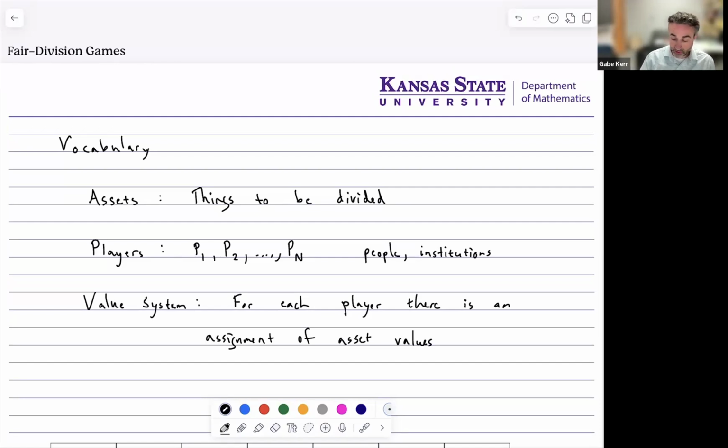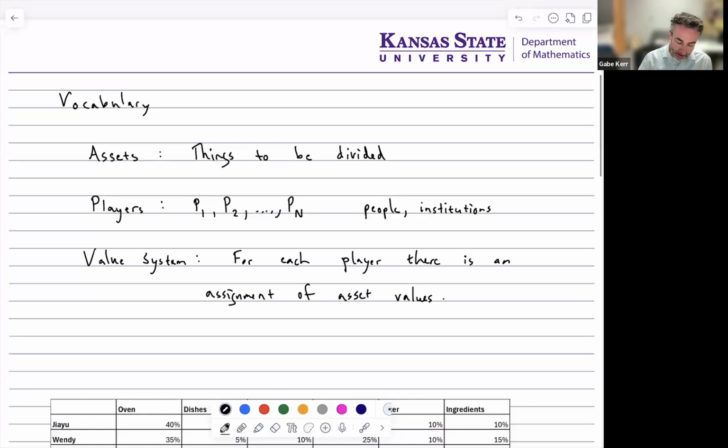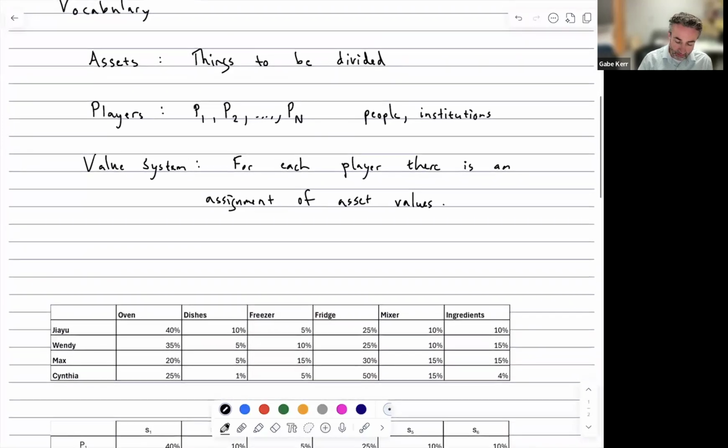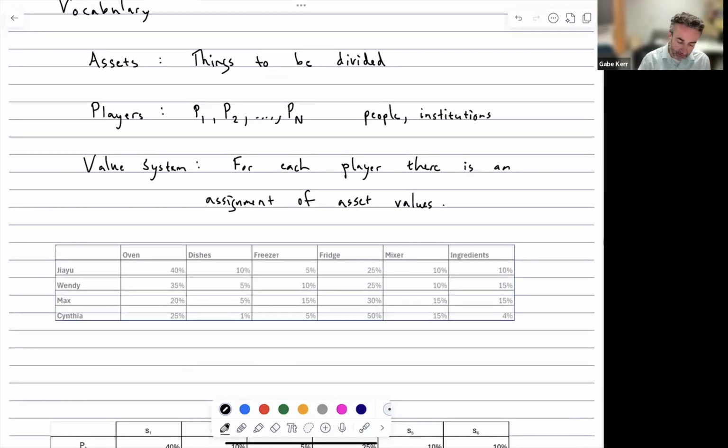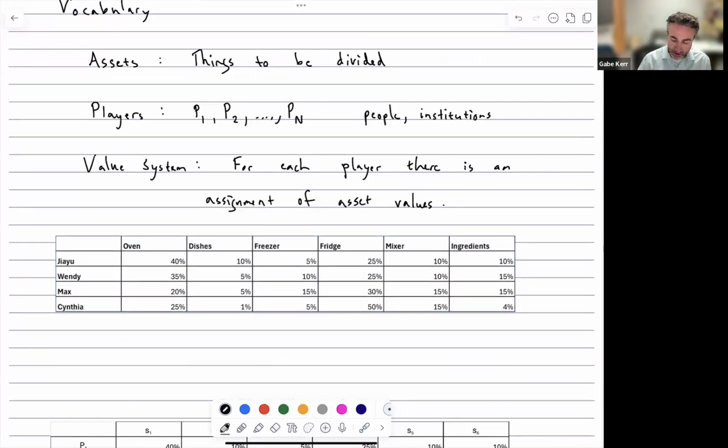So there's two kinds of ways you can think of this assignment. One is the so-called relative, and the other is an absolute value assignment. So this first table I have here gives you a picture of a relative value system.